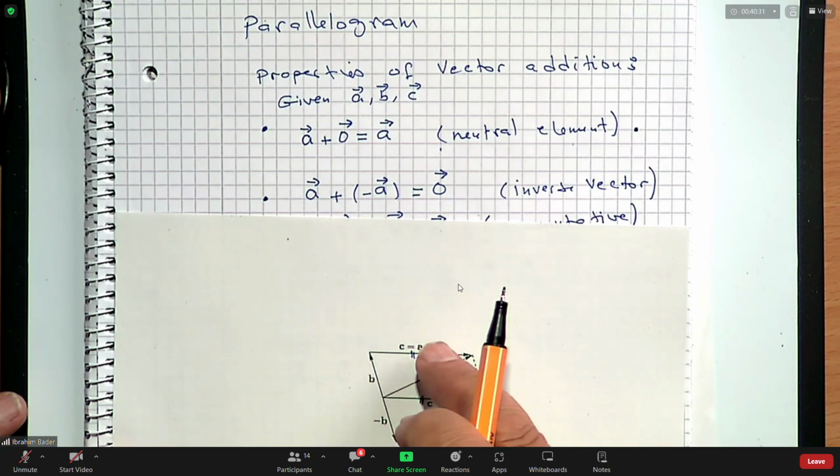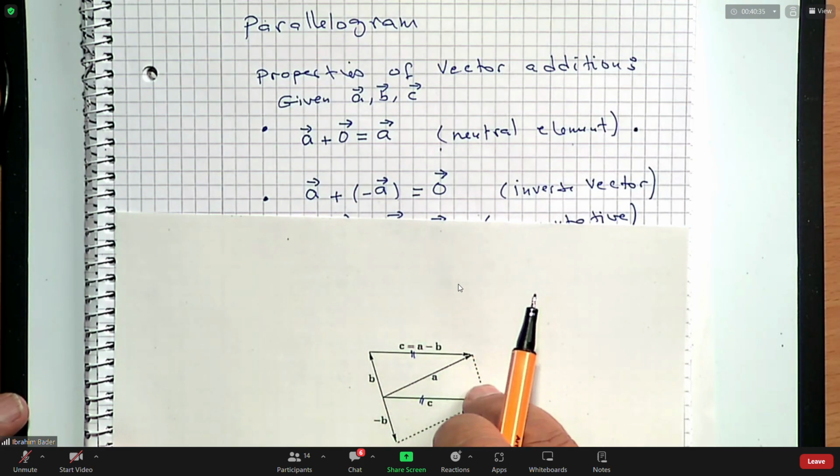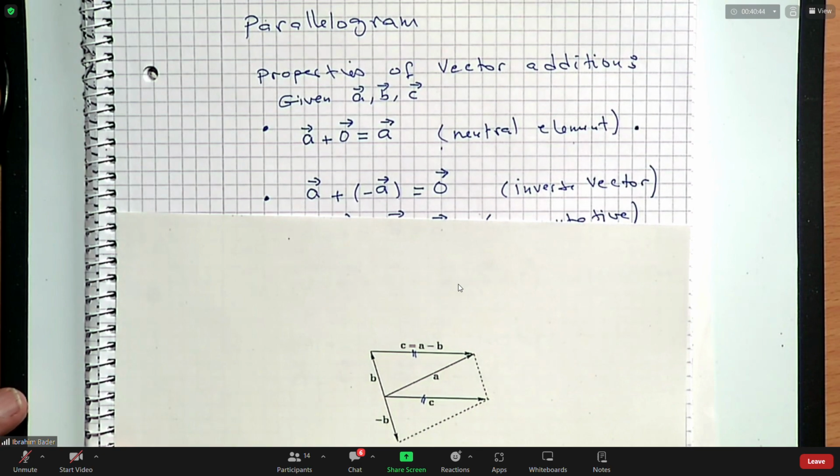So A plus minus B will be this vector. So subtraction is defined as addition of the vector to its negation.